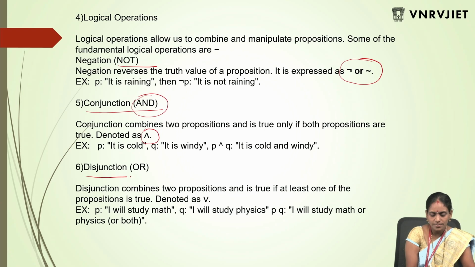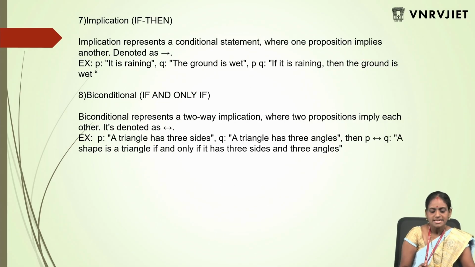And next operation is disjunction. The word for this disjunction is or, and this is the representation for the disjunction symbol. Again, we are going to consider more than one statement. Between those two statements, we are going to apply the disjunction operation. And next, implication. This is the symbolic representation, and the meaning for this symbol is if then.